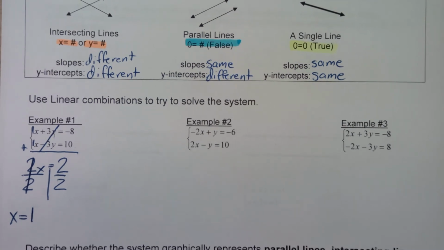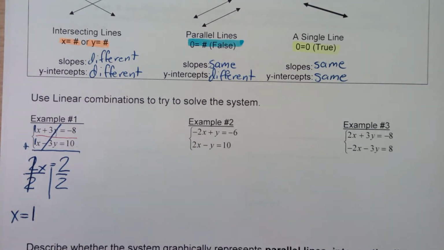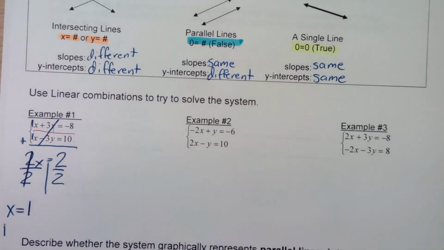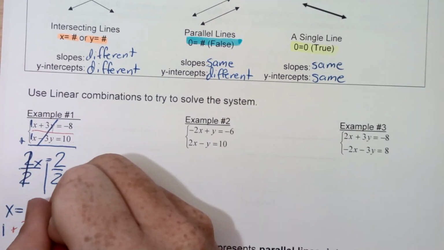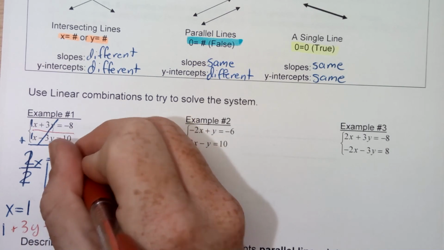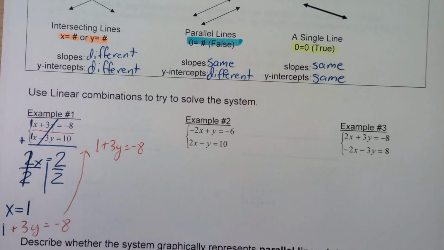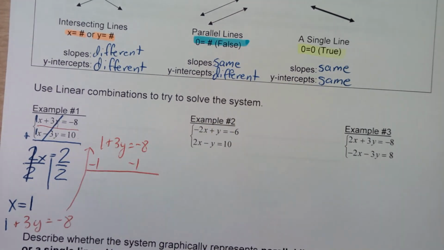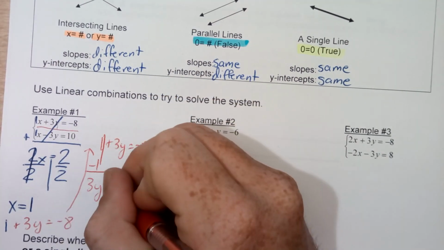So now I'm going to solve for my y. I'll use my first equation, x plus 3y equals negative 8, but instead of x, I'm going to plug in a 1. So I have 1 plus 3y equals negative 8. I subtract 1 from both sides because I want to move that first. Those cancel out, and I get 3y equals negative 9.